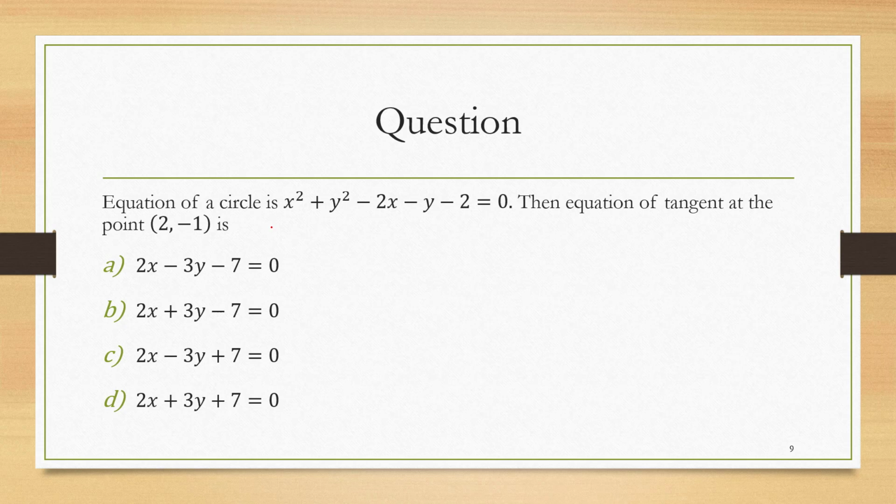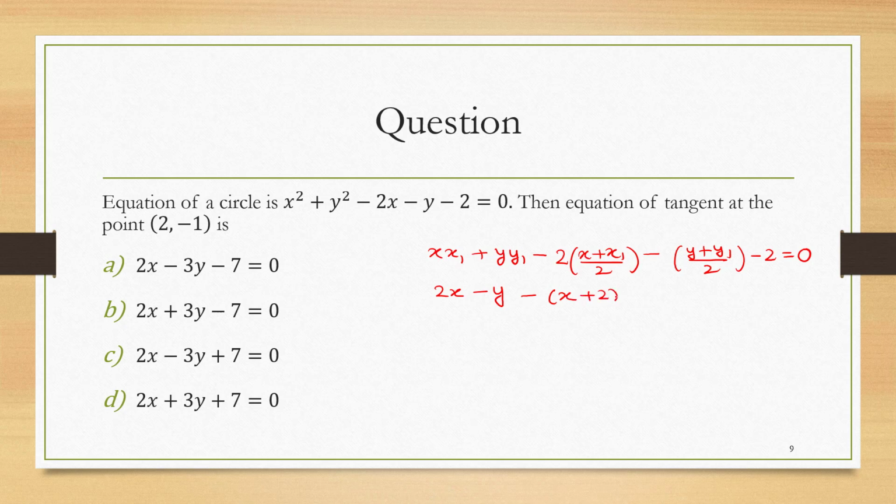First method is the lengthy one, which we have discussed. That is, replace x with xx1, y with yy1, 2 times x, that is 2 times x plus x1 by 2, y, that is y plus y1 by 2, minus 2 equal to 0. x1 is 2 and y1 is minus 1. So we get 2x minus y minus 2, and 2 will be cancelled. So we get x plus 2 minus y plus y1, that is minus 1 by 2, minus 2 equal to 0.